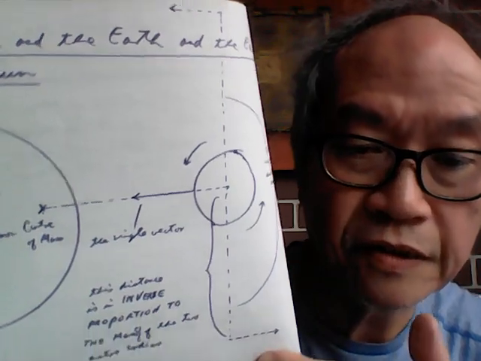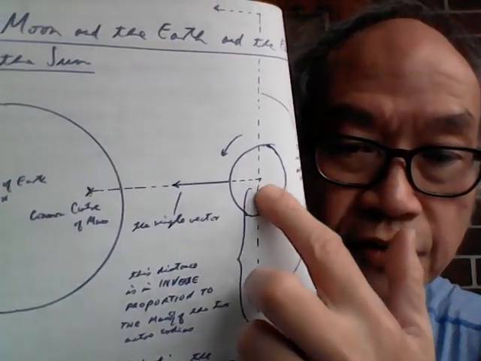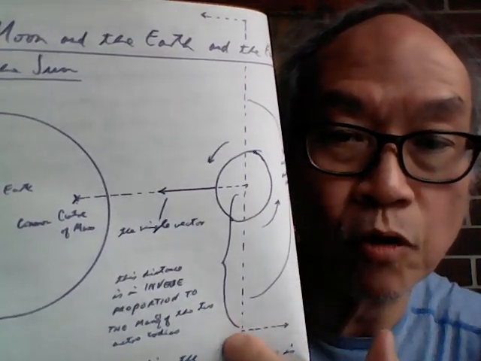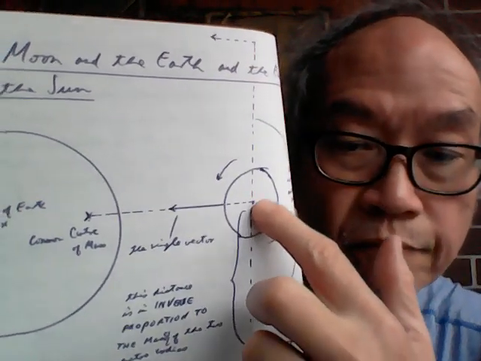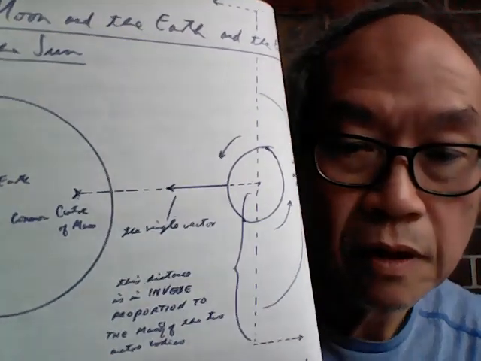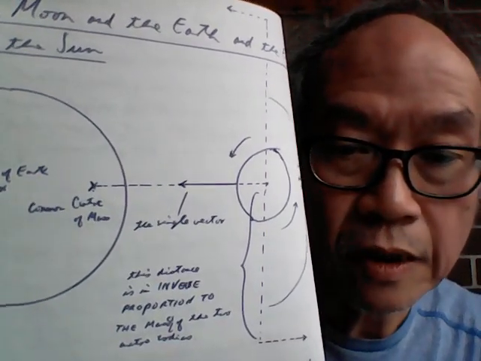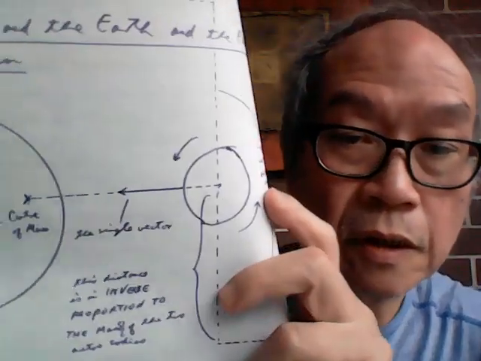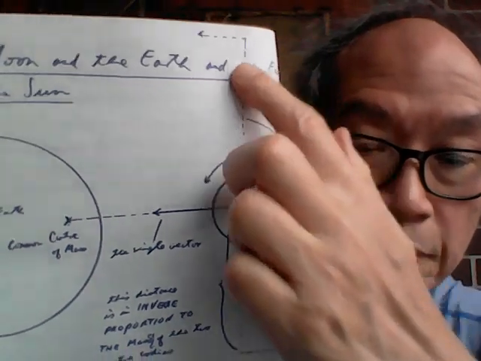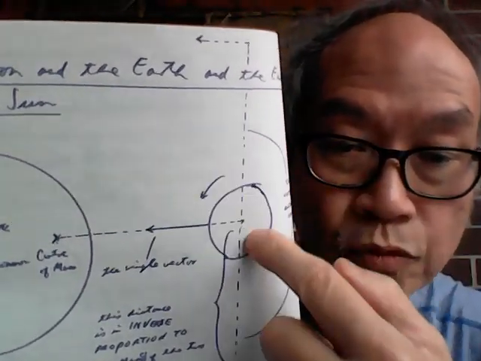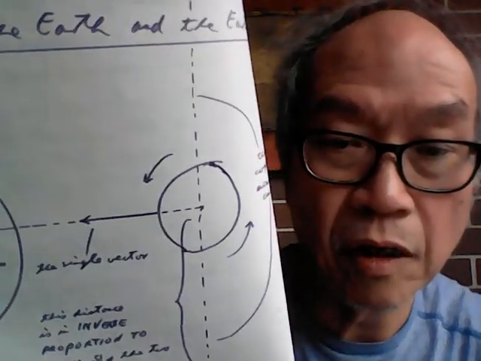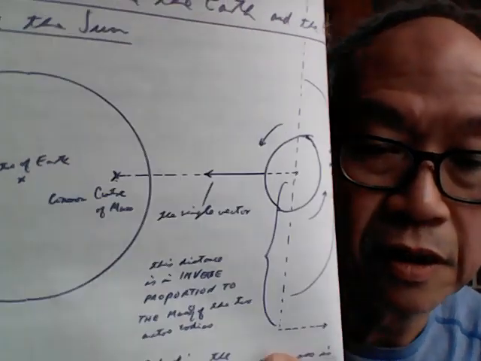One falls towards this side, one towards this side at a distance. This is also called the arm of the moment of the couple, the arm of the couple. This moment will cause the moon to spin when it revolves around the Earth.